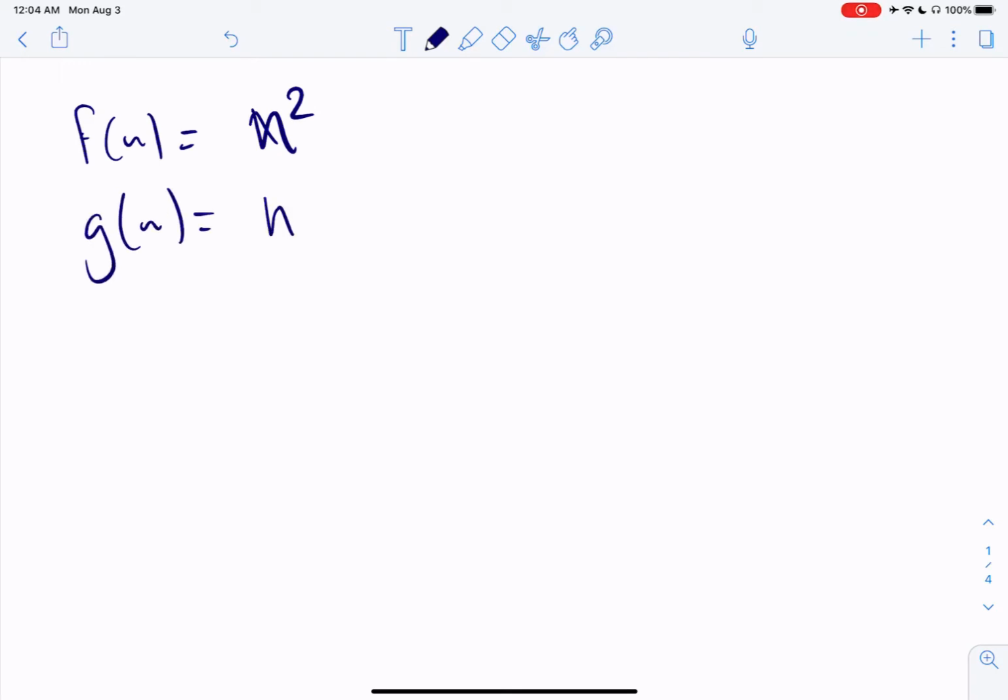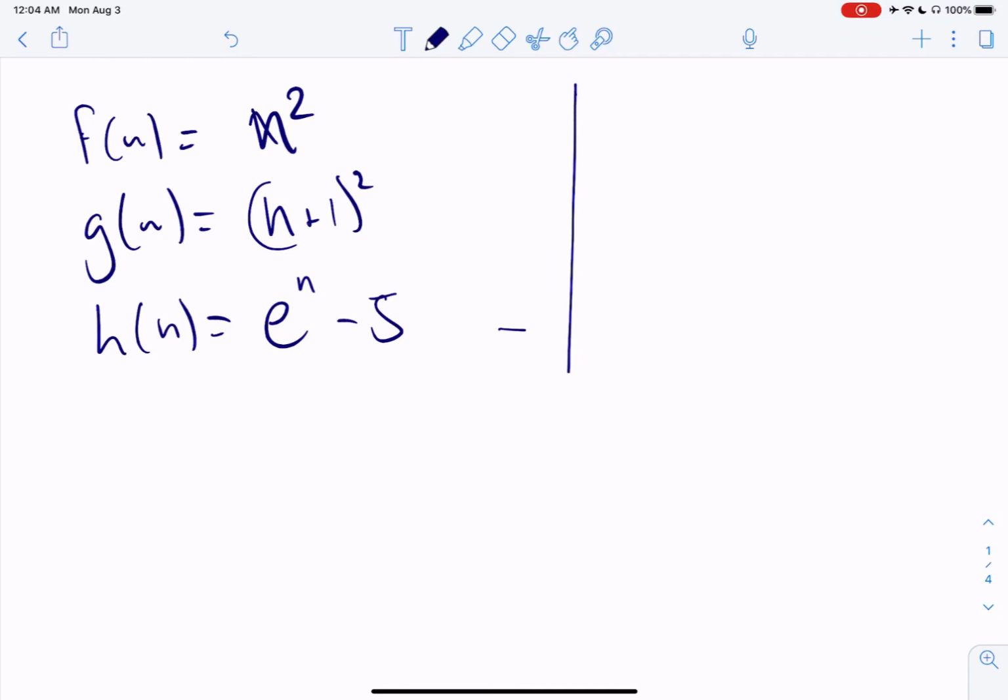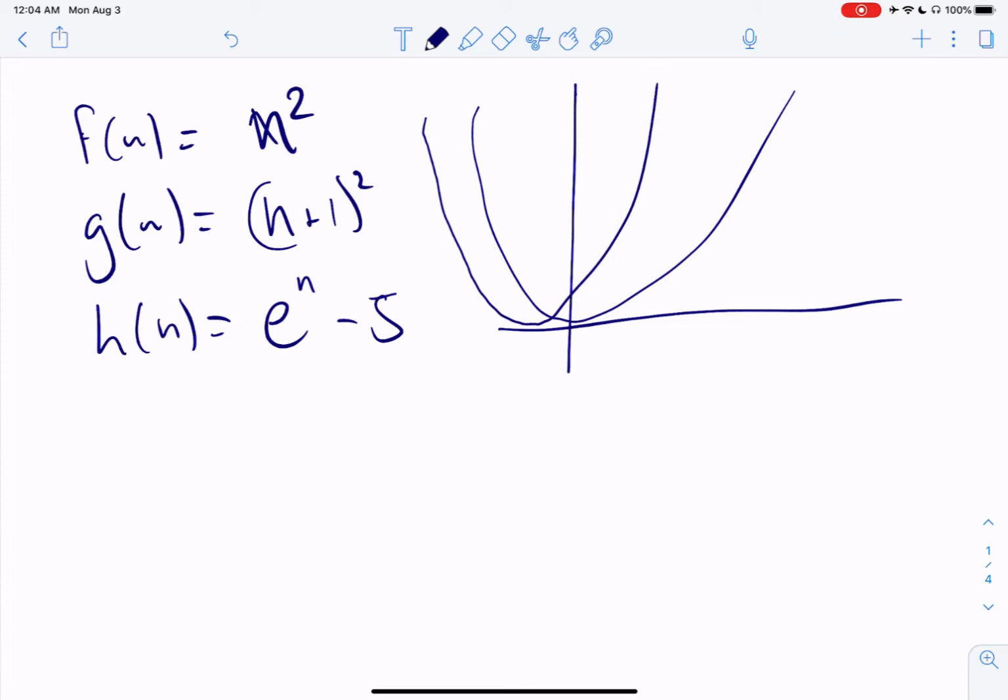As a very simple example, let's just imagine we have f of n equal to, I don't know, n squared, and then g of n equal to n plus 1 squared, and h of n equal to e to the n minus 5. Right? If you plot these things, you see n squared, you see n plus 1 squared, looks like this. You have e to the n minus 5 probably looks something like this.